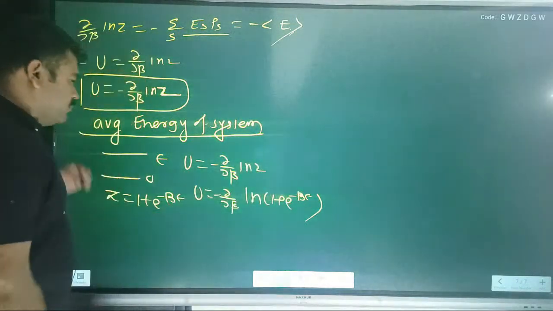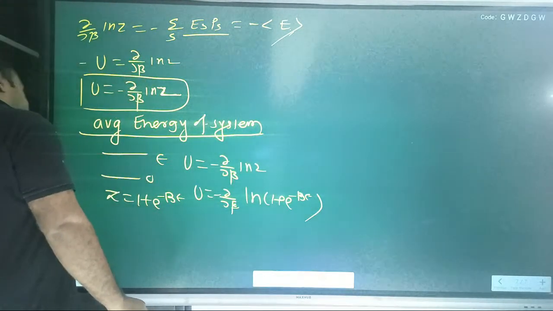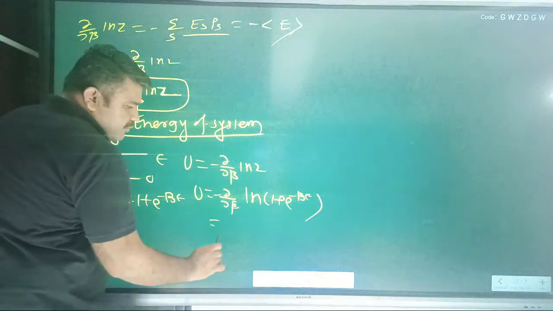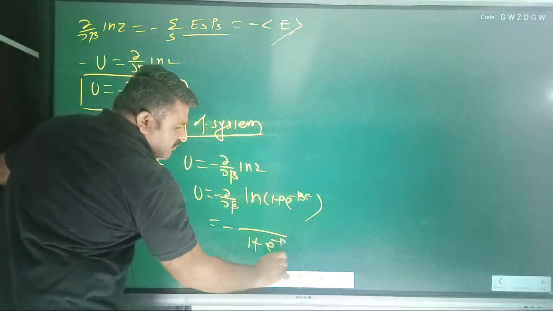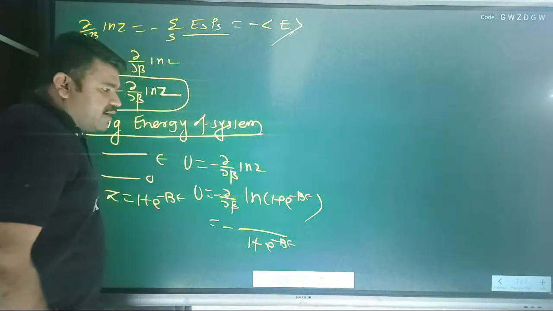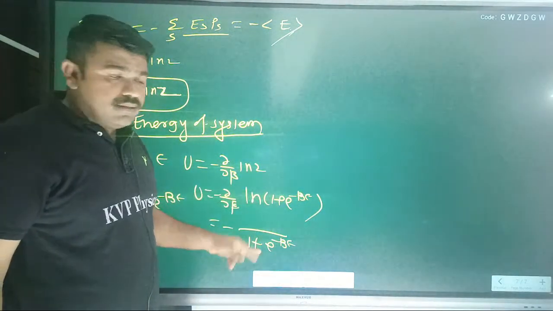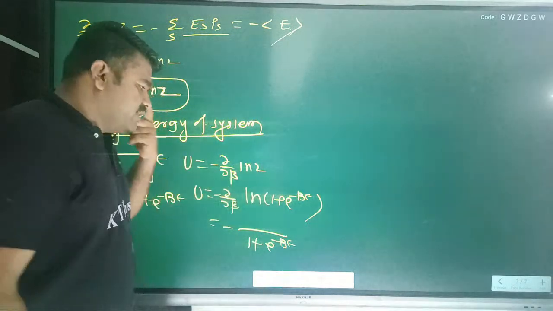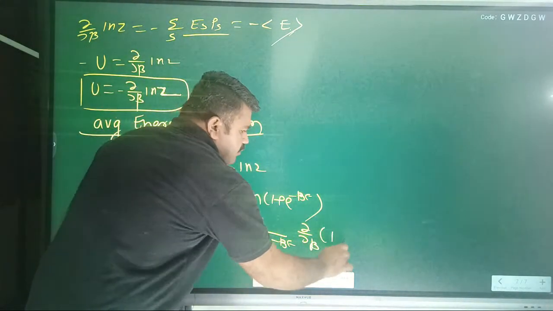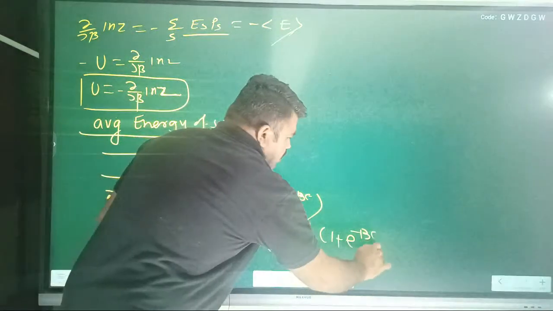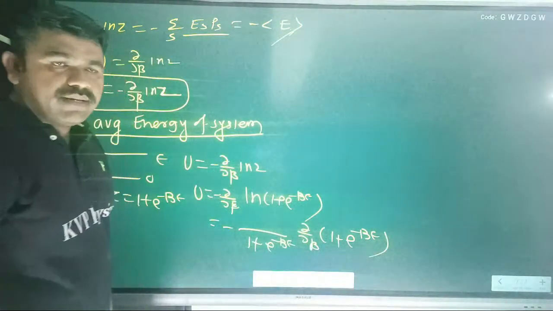The derivative of ln x is 1 by x into the derivative of the function, so 1 over 1 plus e to the power minus beta epsilon, times ∂/∂β of 1 plus e to the power minus beta epsilon.